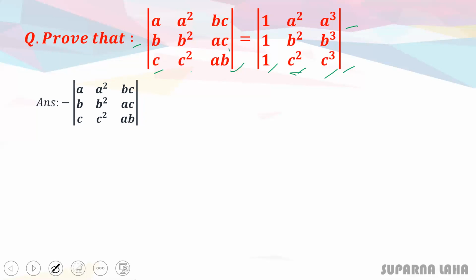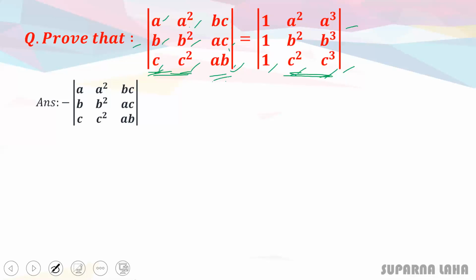So these 2 columns are identical, and one column is a cube, b cube, c cube, and here it is a, b, c. Now if we multiply this element by a, this element by b, this element by c, and here also multiplying by a, b, c, these 2 columns should be identical with this one.